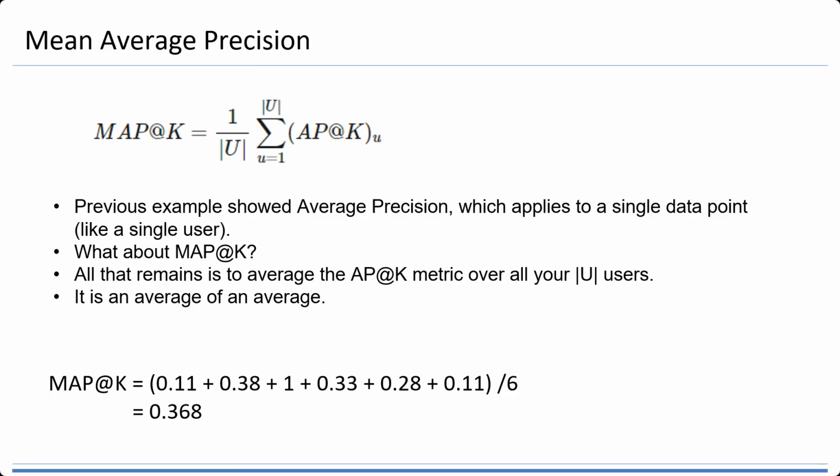Let's say we want to see the mean average precision. We have the average precision, and now we want the mean average precision. The previous example shows the average precision, which applies to a single data point, like a single user.